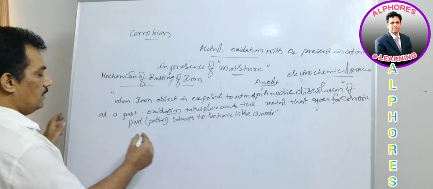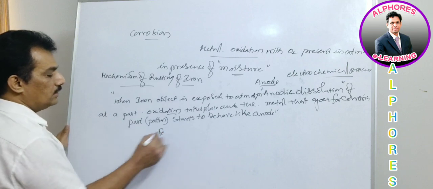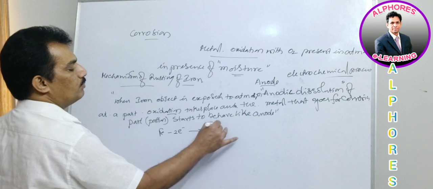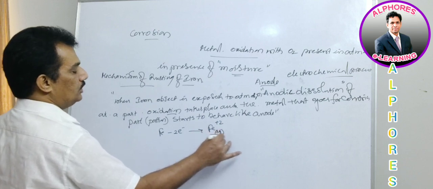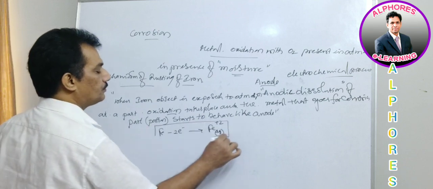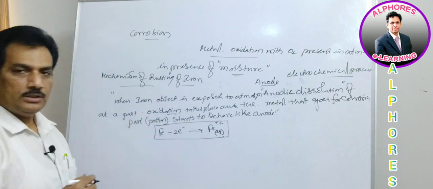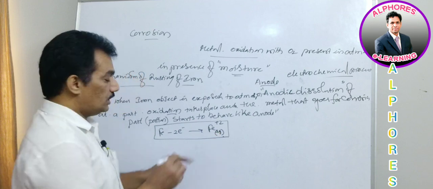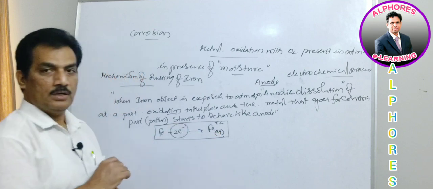Let us consider iron. Here iron at a part is ready to release electrons, and it converts to Fe2+ aqueous. This is oxidation, is it not? And when it goes for this oxidation, electrons are released.